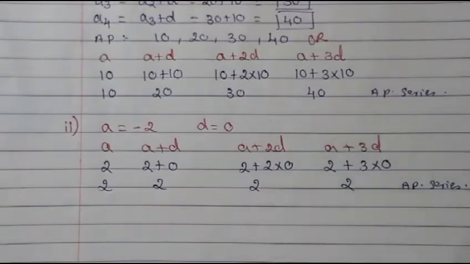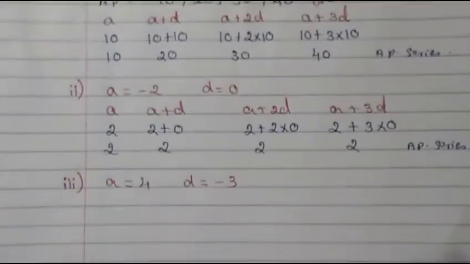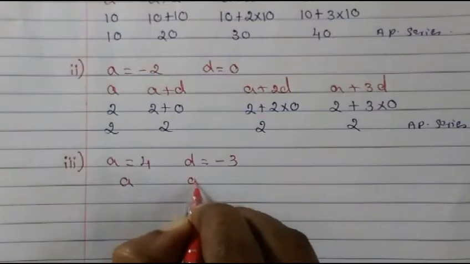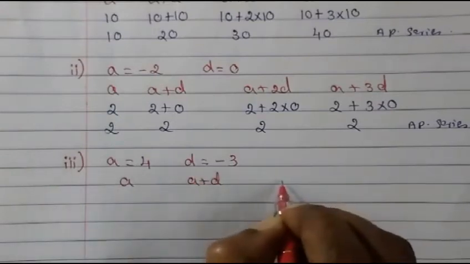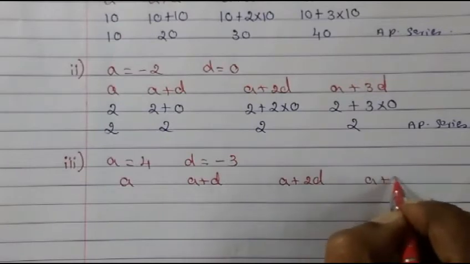Now let's see the third one. The A value is 4 and D value that is given to us is minus 3. Let's use the formula, that is A, then A plus D, then A plus 2D, then A plus 3D.